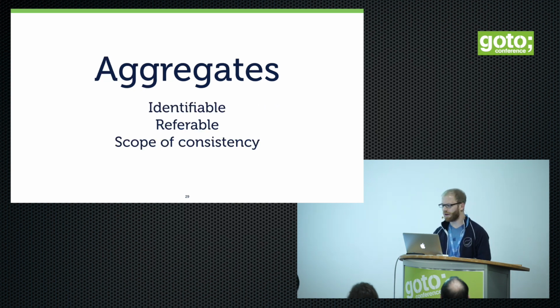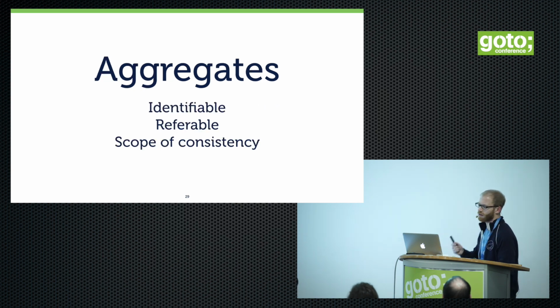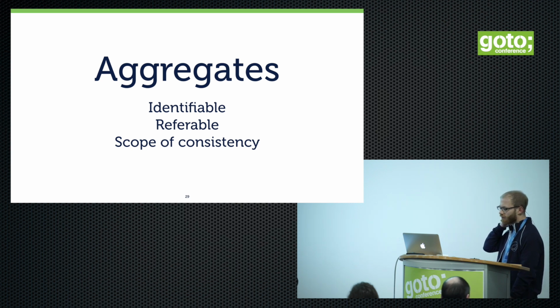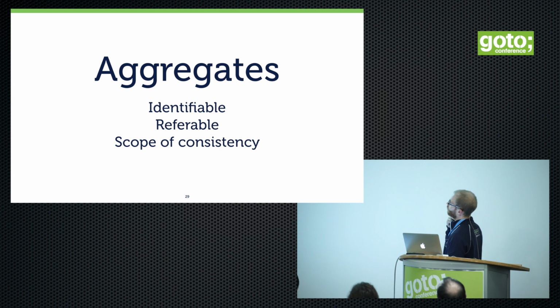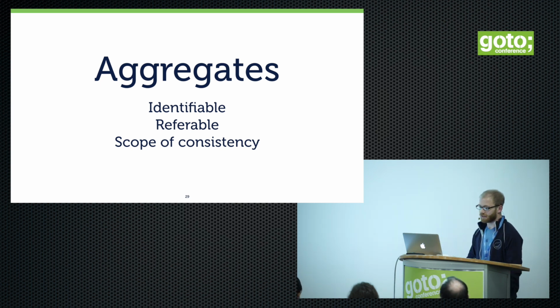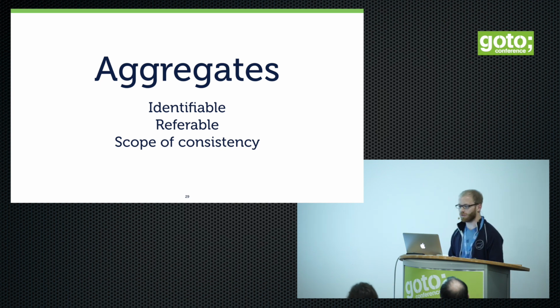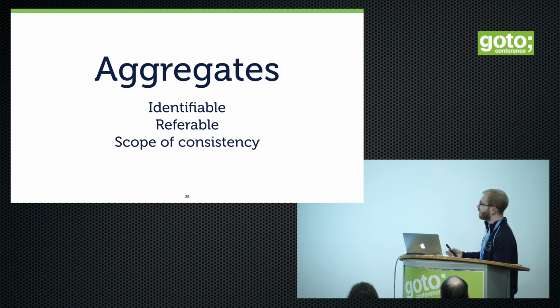So I already made the point that aggregates are a neat thing to look at in the first place. Assuming you have your domain model with, let's say, 5 aggregates or something, because they actually expose certain characteristics like identification, referability, and also quite important, the scope of consistency. Because changes to an aggregate should be consistent within the aggregate.